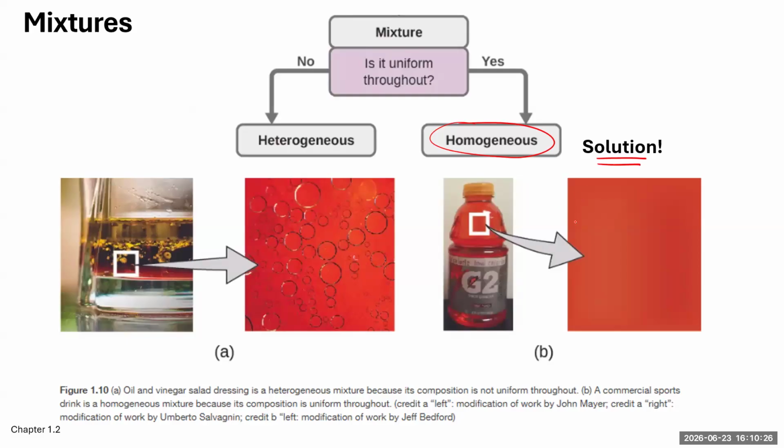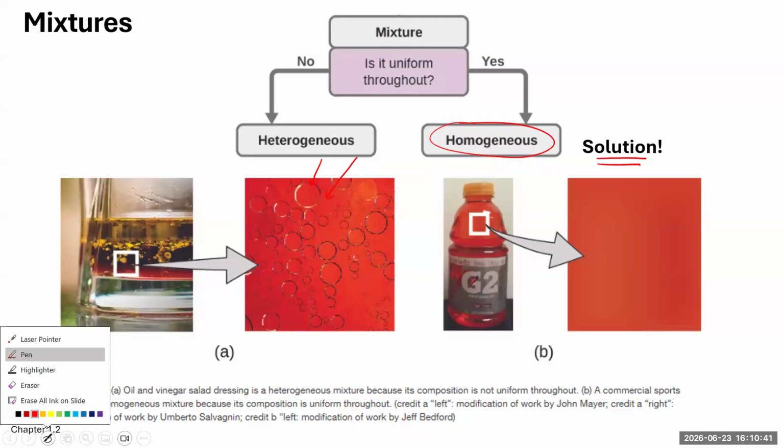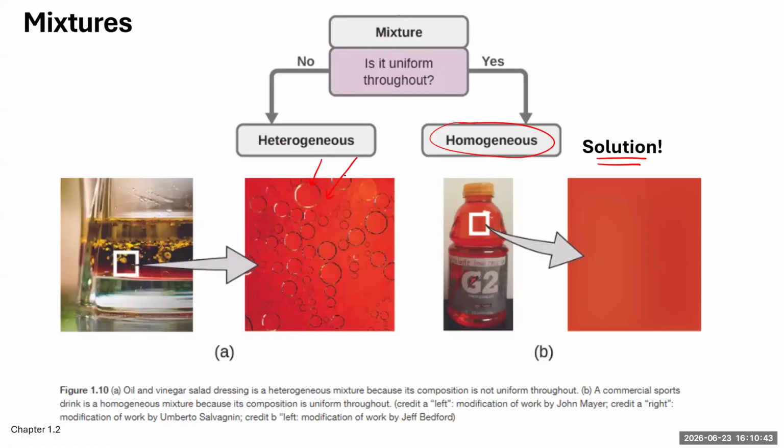This red Gatorade, boom, all red. There's no bumps, there's no bubbles, there's no little particles. Heterogeneous, you can see two different things. These little oil droplets in this one and a red liquid. It's the worst color for that specific thing I just drew. Red liquid, and some sort of oil.